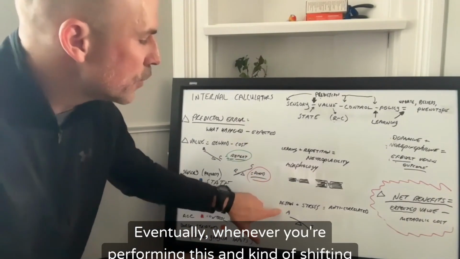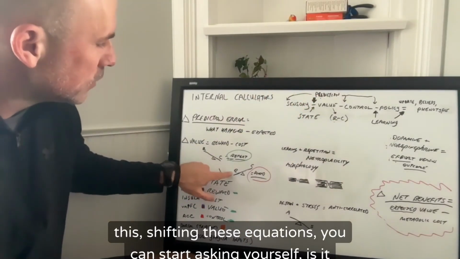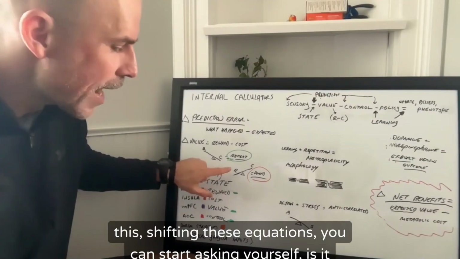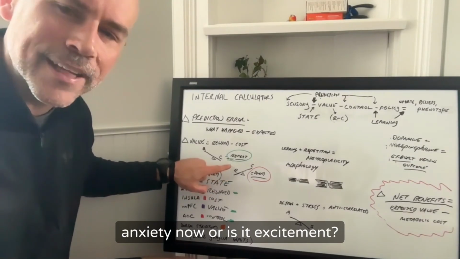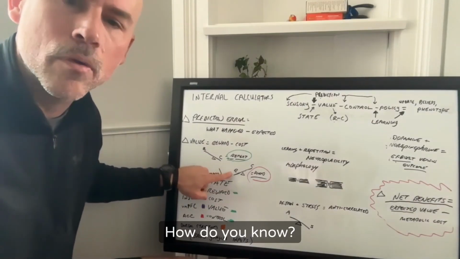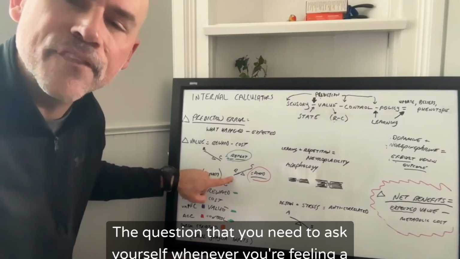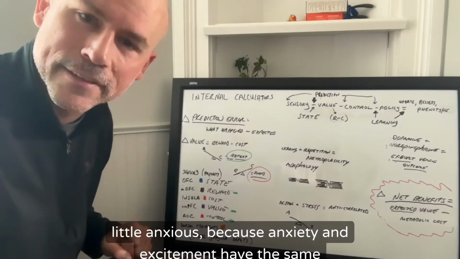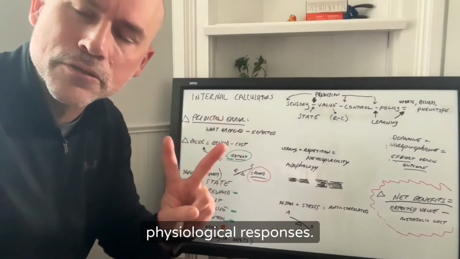Eventually, whenever you're performing this and kind of shifting these equations, you can start asking yourself, is it anxiety now or is it excitement? How do you know? The question that you need to ask yourself whenever you're feeling a little anxious, because anxiety and excitement have the same physiological responses.